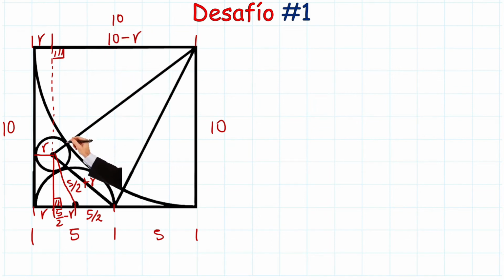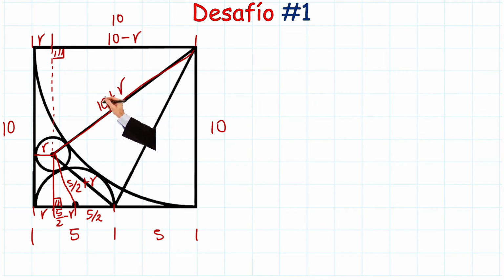Over here, what we have is this part here that measures 10 because it is the radius of this quarter circle that I am pointing to here. Since there are 90 degrees here, this shape here has to be a quarter circle. So this is 10 and this little bit here is r. The hypotenuse of this right triangle we have here will be 10 plus this piece here, which is r.